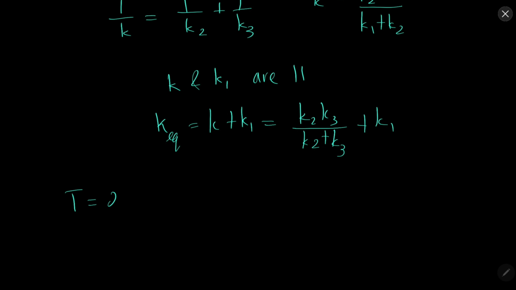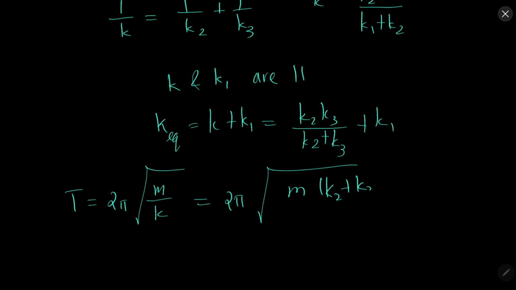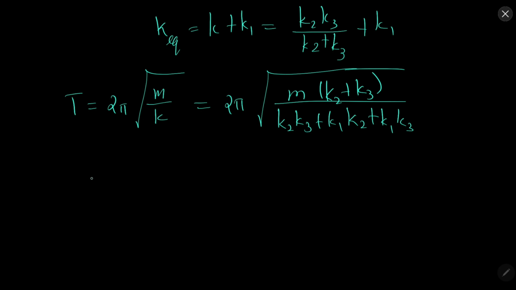So time period is 2 pi root m by k. So put the value of k, and the time period is 2 pi root of m times (K2 plus K3) over K1 K2 plus K2 K3 plus K1 K3. This is the A part.